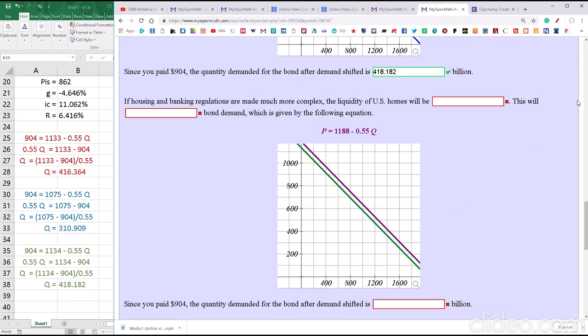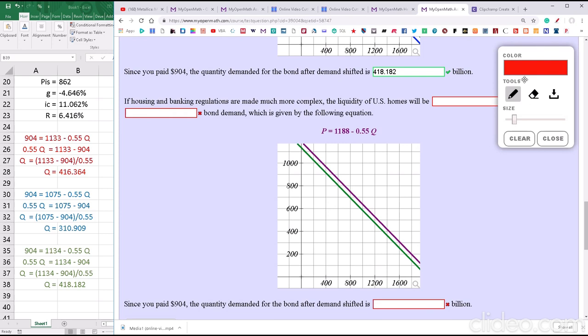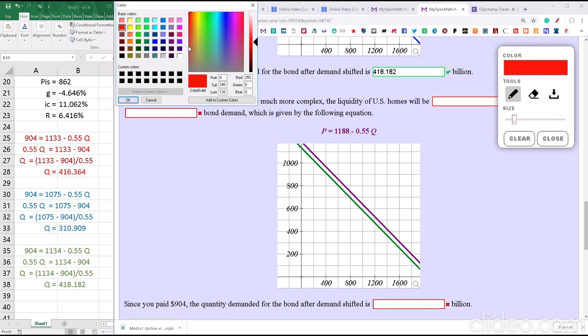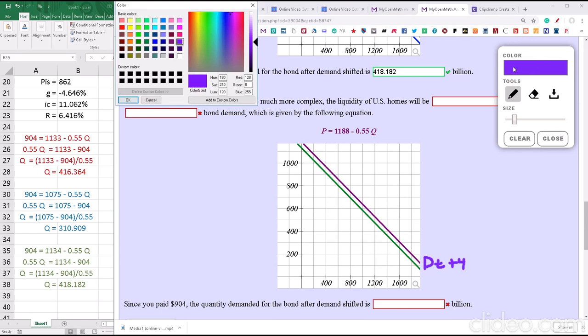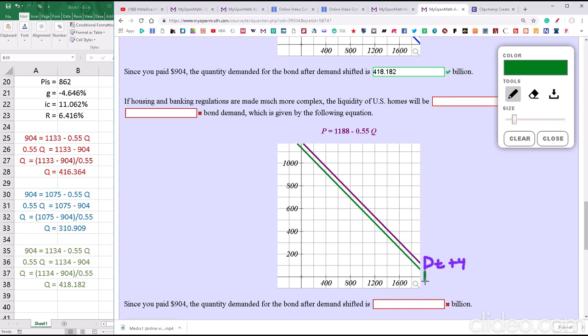So now we're in scenario T plus 4, right? So this is demand in time period T plus 4. So if today is 0, this is 4 years from now, right? And last year was time period T plus 3.